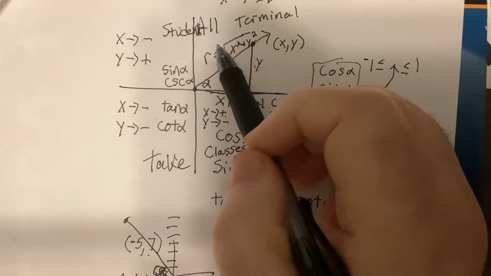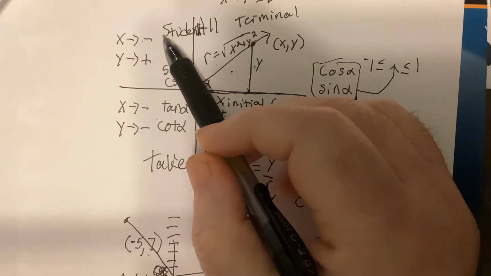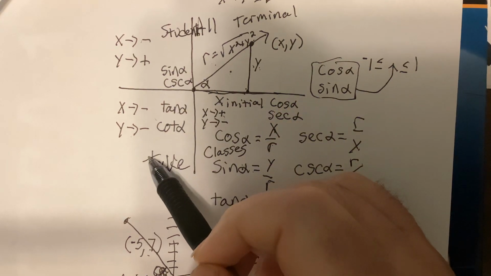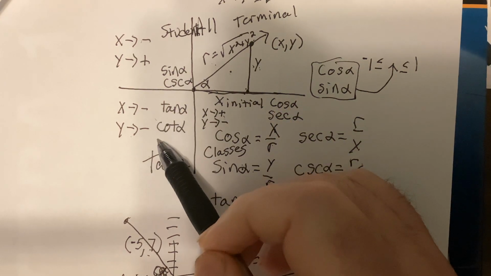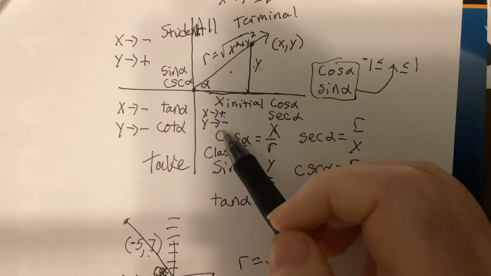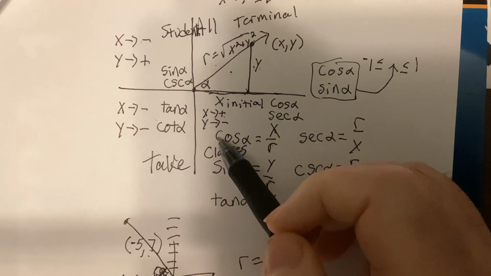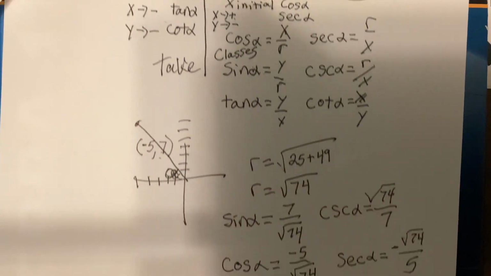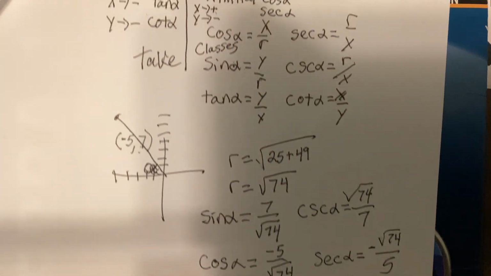And that means all of them are positive in the first. Students is sine and cosecant. Take is tangent and its reciprocal cotangent. And class, the first letter is C, so that'd be cosine. So you need to memorize all this information.